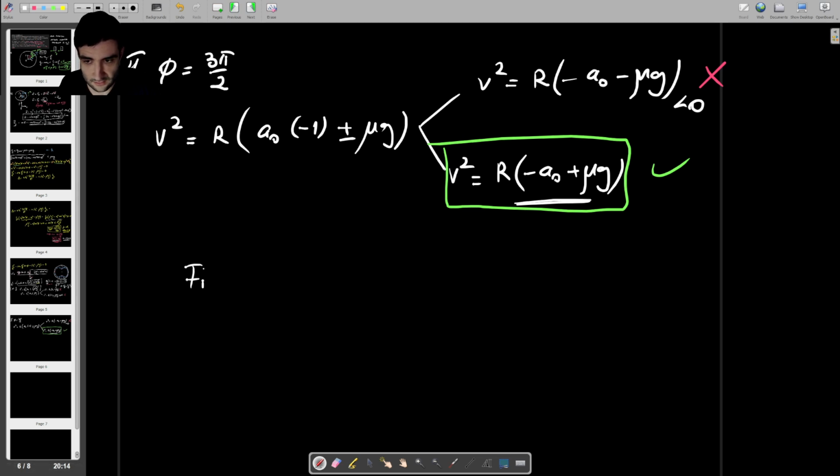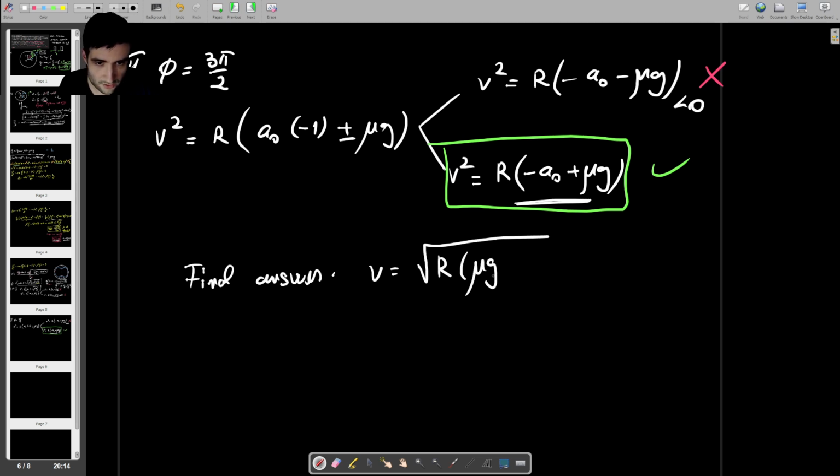Therefore the final answer is v is equal to the square root of r times mu g minus a0.